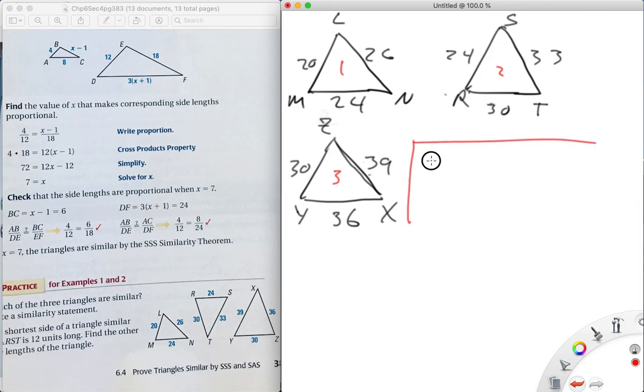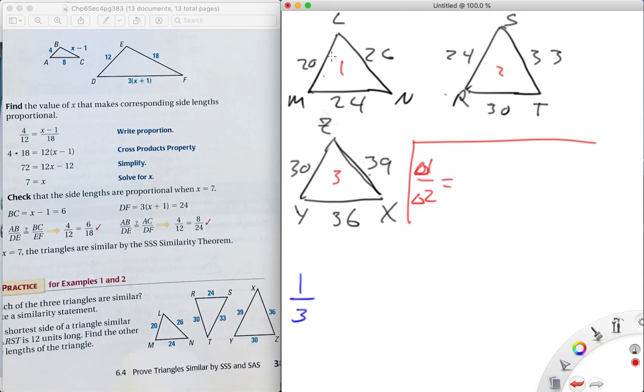Then down here, we'll do 1 to 3. And if these guys are proportional, then we'll be fine. And it will set up the corresponding that way. Triangle 1 to triangle 2.